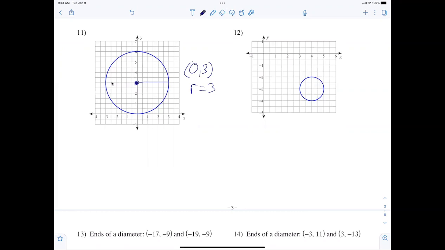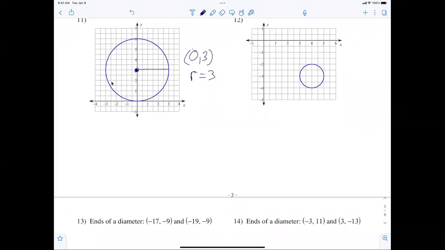So then the equation would be what? Come on, the equation would be what? (x plus 0) squared, right? x squared plus what? Say it again. Minus 3 squared.